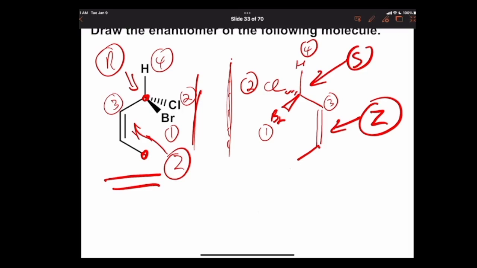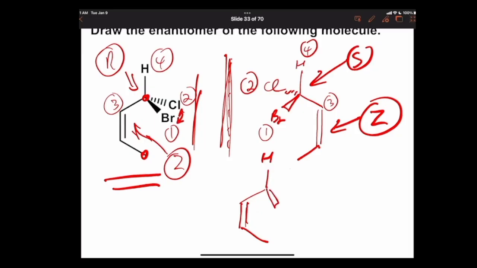If you choose to draw this differently, with the other common presentation for organic chemistry instead of the mirror plane, I'm going to leave the carbons where they were. If I leave the carbons where they are and just invert, I'm going to leave the hydrogen here and just swap these two groups.